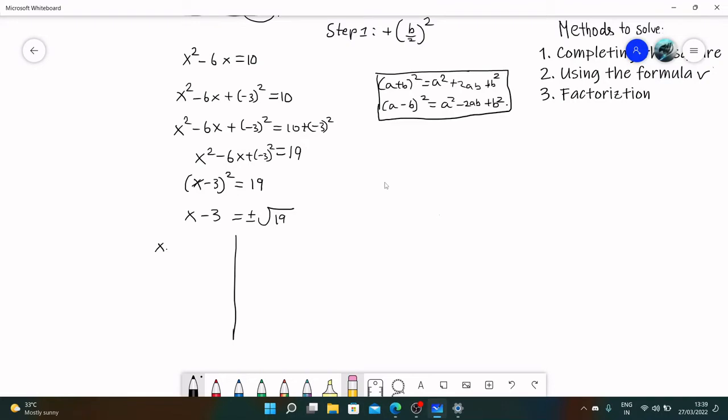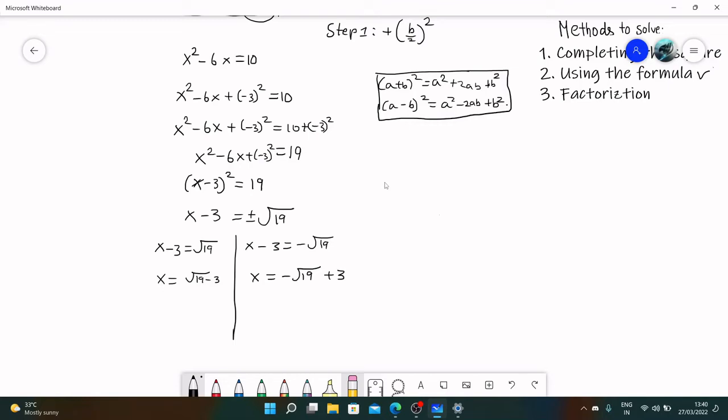So x minus 3 equals root 19, and x minus 3 equals minus root 19. So x equals root 19 plus 3, and x equals minus root 19 plus 3.